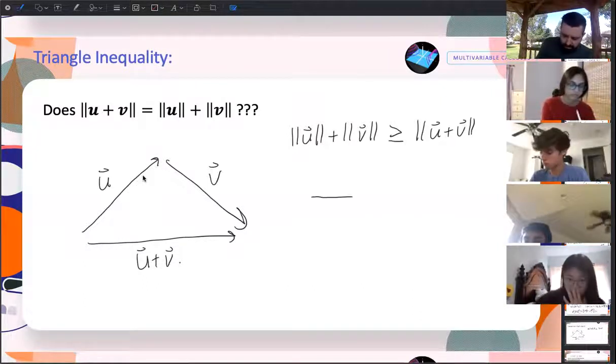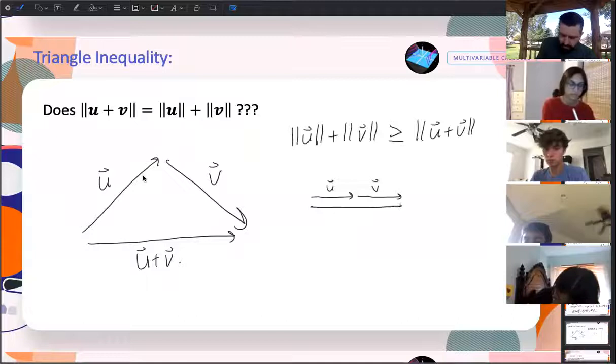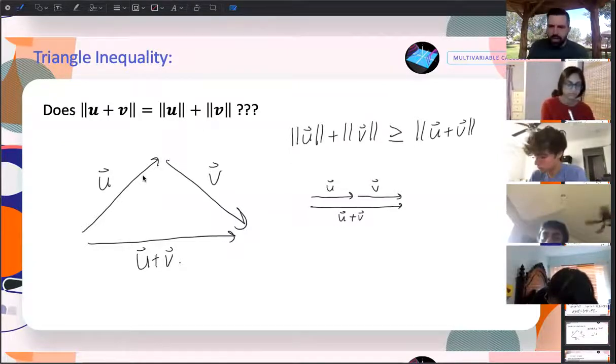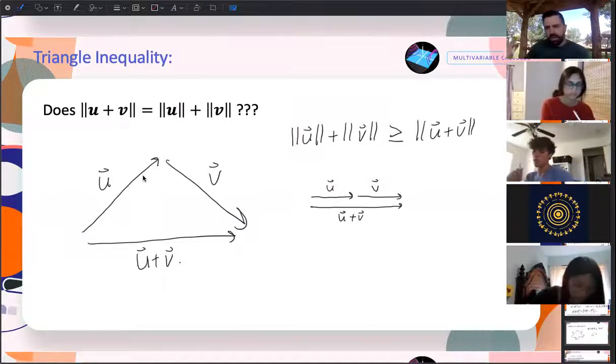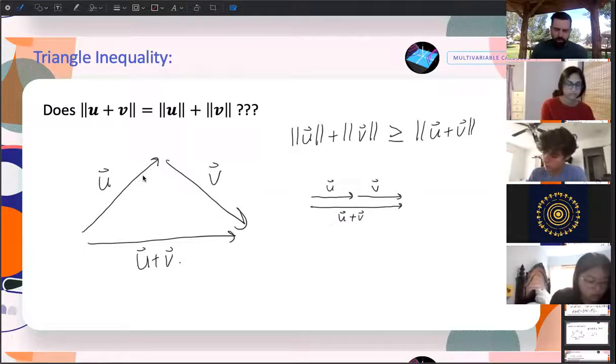The equal part would be if this was u and this was v, then yes, u plus v will be the same length. But if they're going in even slightly different directions, the magnitude of u and the magnitude of v will add up to be greater than the magnitude of u plus v. And geometrically, we can show that pretty easily. Analytically, we'll actually see that later as well.